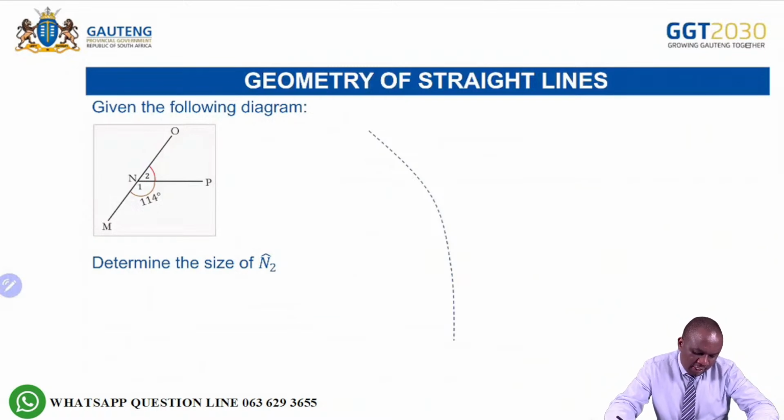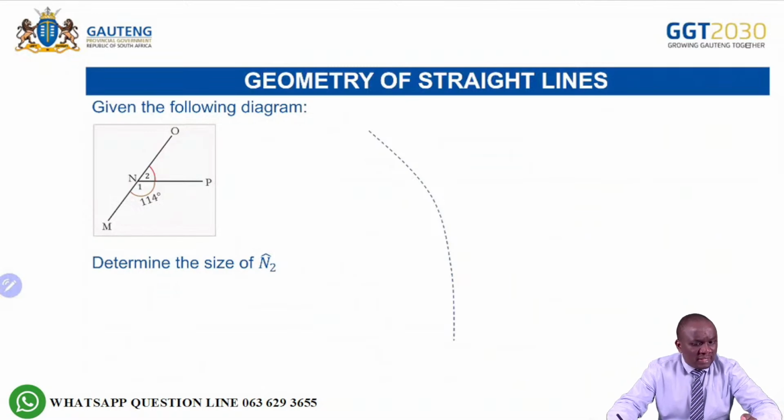M, N, O are points on a straight line, or you can say MO is a straight line. So N1 and N2 must add up to 180 degrees. One thing I want to emphasize, grade 10s, is your statement and reason. If you write your statement only without the reason, you won't get marks.